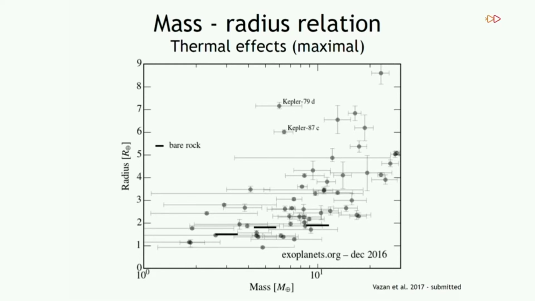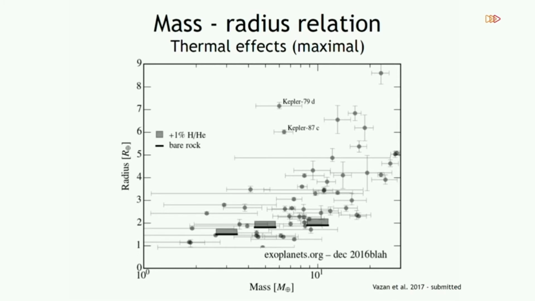We have here the radius and mass, and the background is the observed exoplanets for which we have both radius and mass. I don't know if you see these curves, these bars. This is a bare rocky core that we start the calculation with, meaning everything below is more metal-rich than silicates.